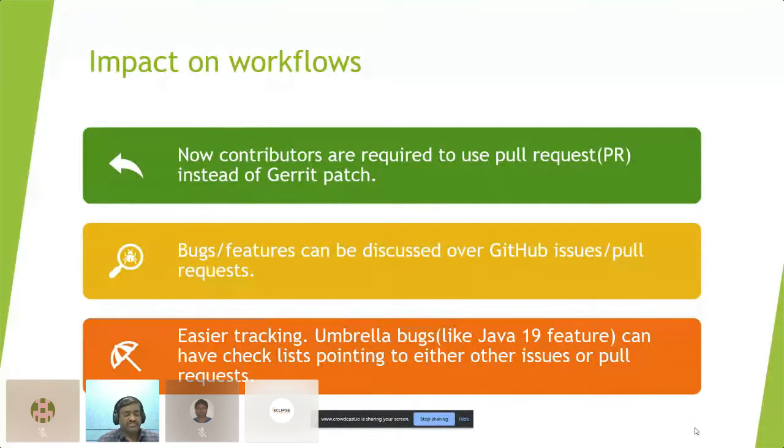But for simple bug fixes we use pull requests directly, and both can be tracked from an umbrella issue like Java 19 features. So it is much easier to track now. For any project, we can create umbrella issues and track multiple issues or multiple PRs from the same issue as a checklist.